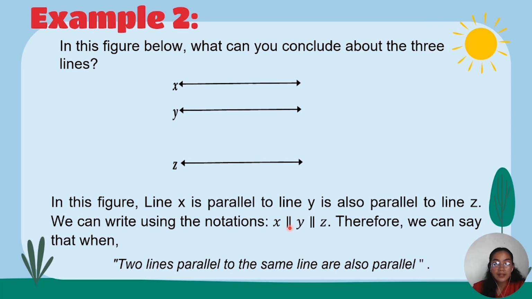Therefore, we can say that two lines parallel to the same line are also parallel to each other. I hope that you understand the concept of parallel lines because we are going to move on to another topic, which is about perpendicular lines.